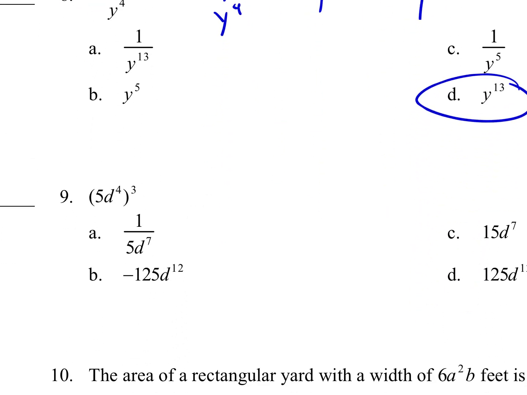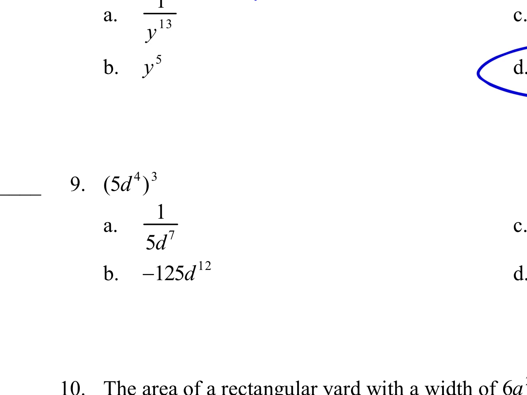All right, let's look at 9. What would I need to do for 9? I multiply the 4 and the 3, but what else gets the exponent of 3? 5. So if I have two things inside, I have to distribute that exponent to both of them.